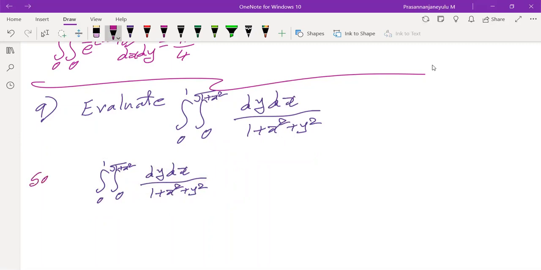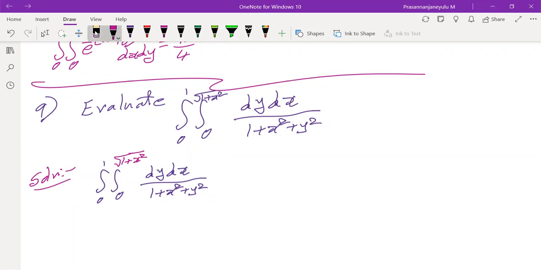So starting the solution, this is the given double integration. On interior integration, we have the limits 0 to root of 1 plus x square. Exterior integration limits are 0 to 1. On interior integration, limits are in functions of x.